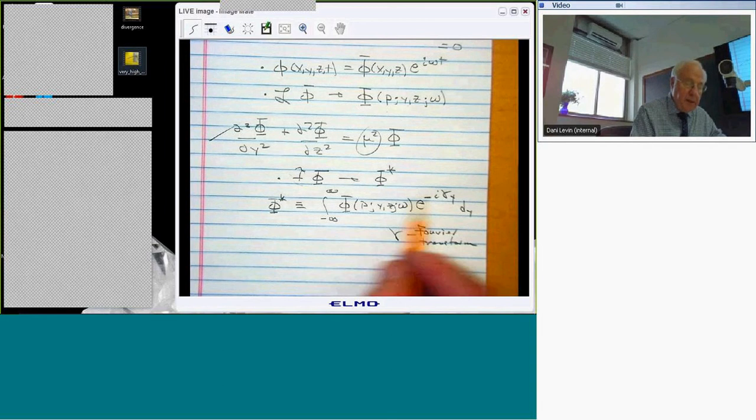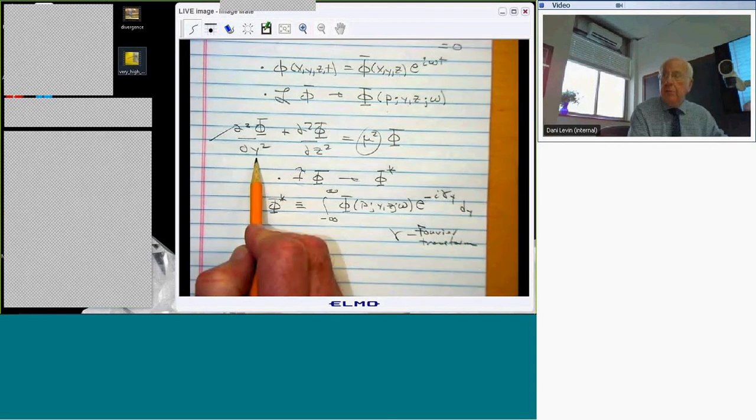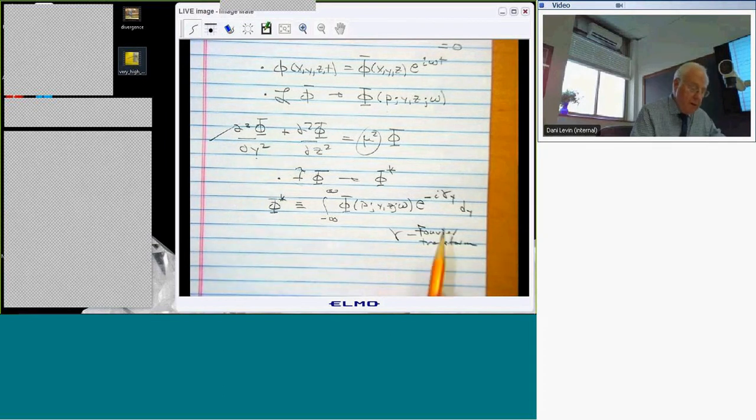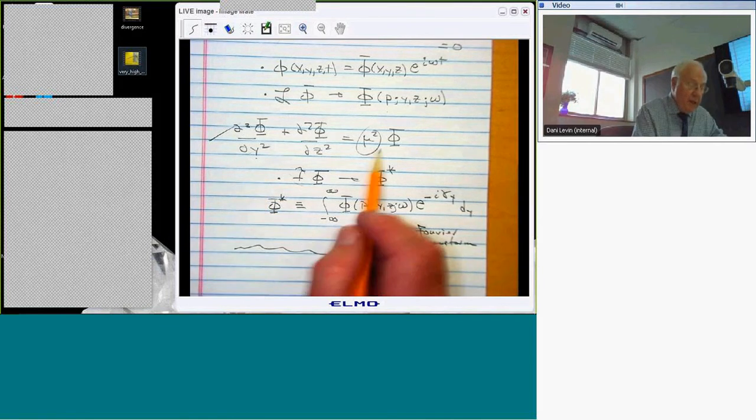Well, what that does is every time I see a derivative with respect to y, it gets replaced by i gamma. Just to remind you, if I wanted to take the Fourier transform of this, let's do the more complicated term.